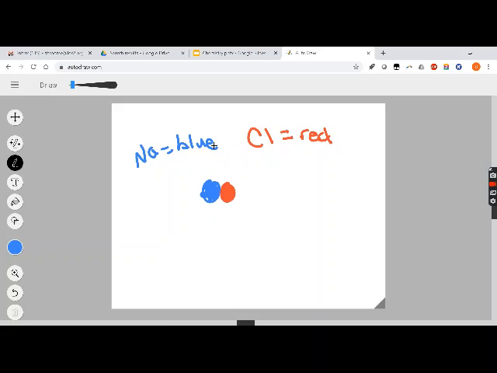Now, sometimes we draw these with sticks that represent bonds. This is the way we would draw it.